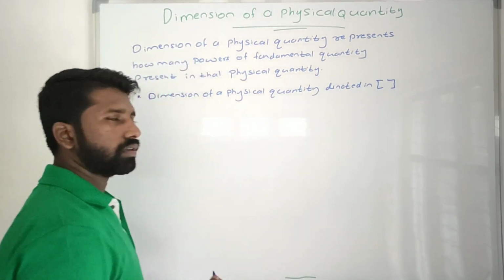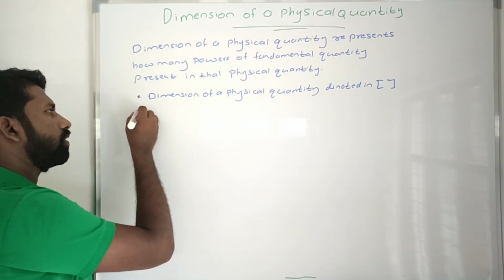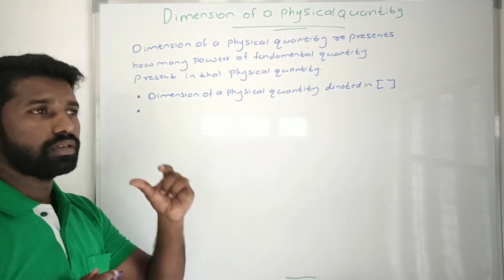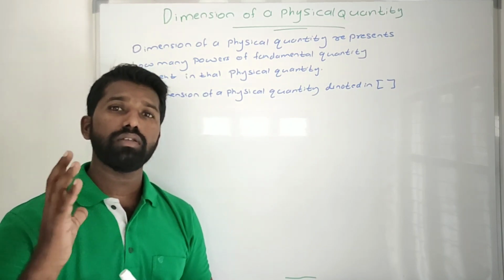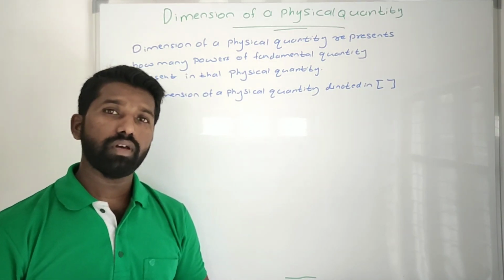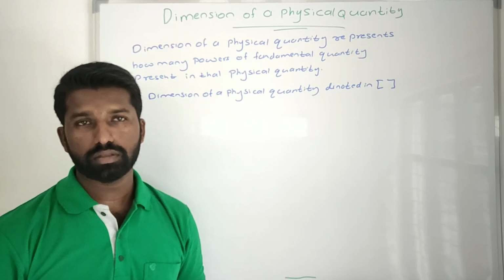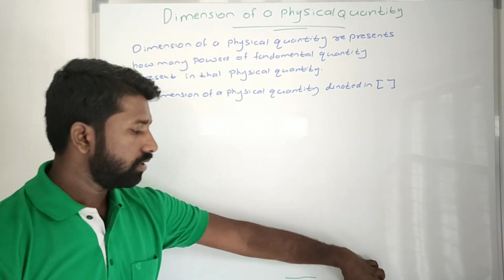How can we write the dimension? A separate symbol is assigned for each of the 7 fundamental quantities. These are all the symbols.